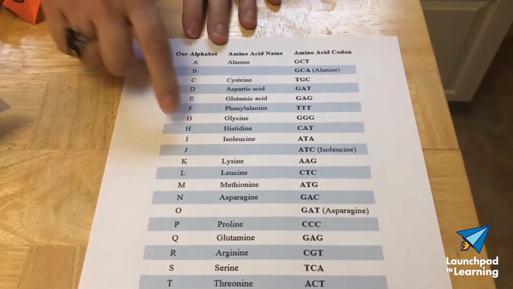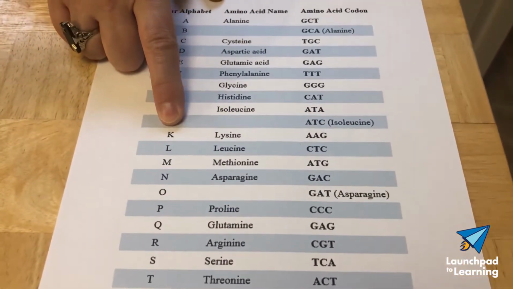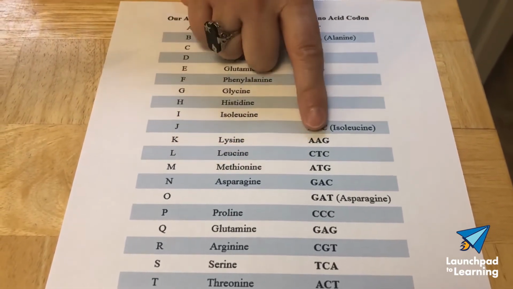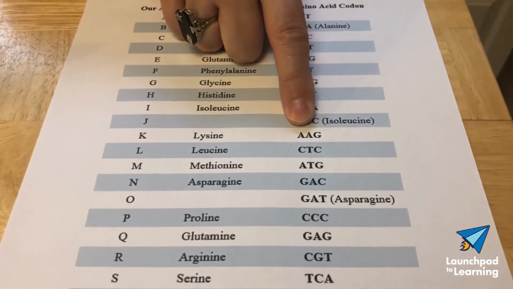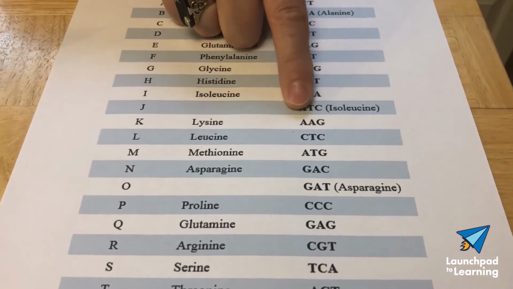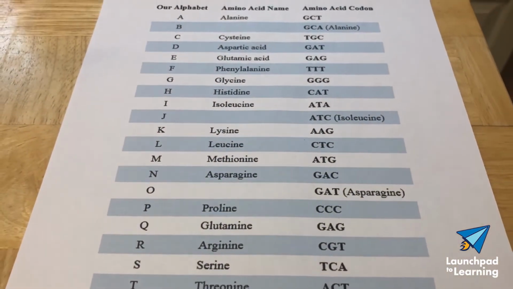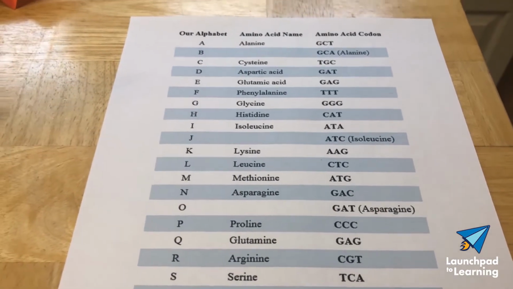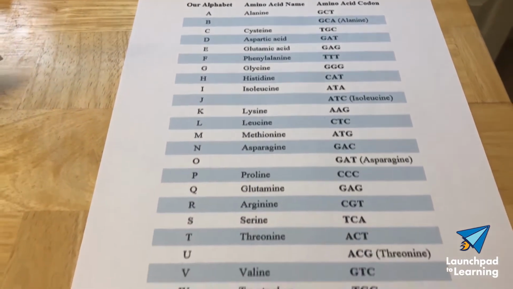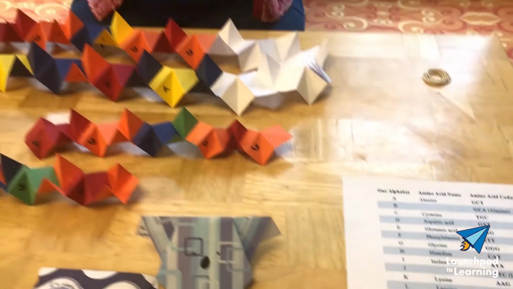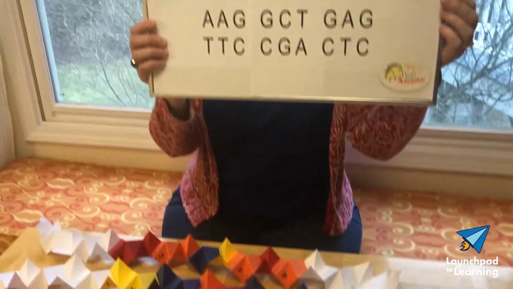So in my particular case, my first initial is K. That's the amino acid lysine. The 3 DNA bases that encode lysine are AAG. So I would write that down on a piece of paper, and then I would proceed and do each of my 3 initials. So here's my example that I showed you at the beginning.